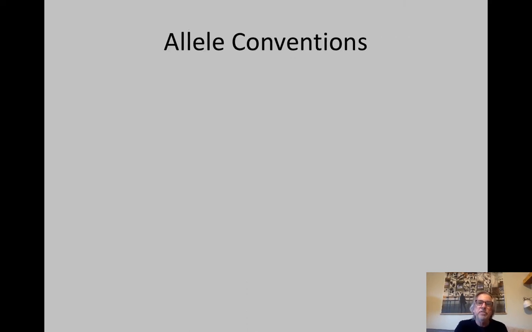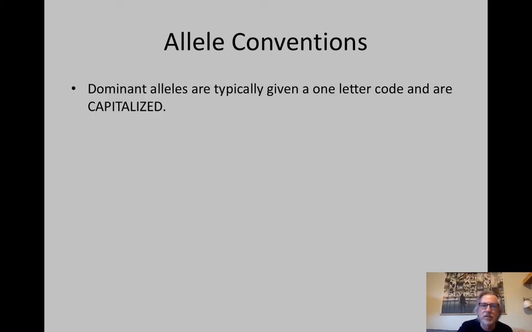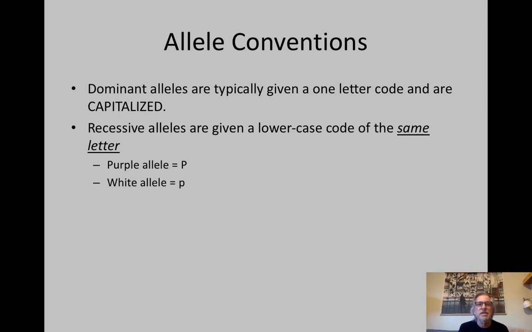Now there's a bunch of conventions associated with the alleles, and here are the conventions we will use in this class. Dominant alleles are typically given a one-letter code and are capitalized. Recessive alleles are given a lowercase code of the same letter. So for example, in the purple allele case, we may have a capital P for the purple allele and a small or lowercase p for the white allele.